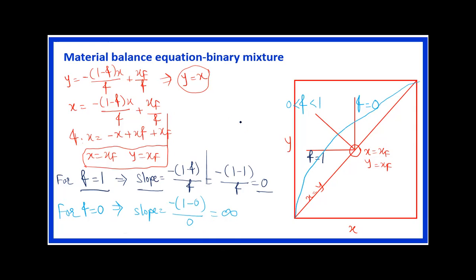In case, suppose in some of the numericals, they are asking about the data, that is composition on the XY diagram, that is the point of intersection of this operating line and XY diagram.